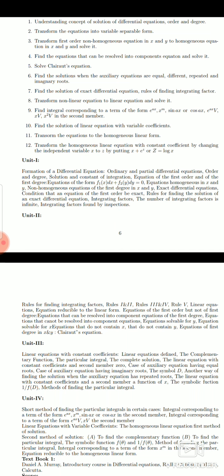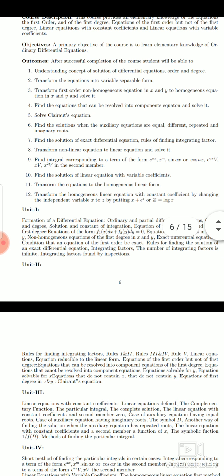Next outcome, find the solution of the exact differential equations, rules of finding integrating factors. And eighth, transform non-linear equation to linear equation and solve it.